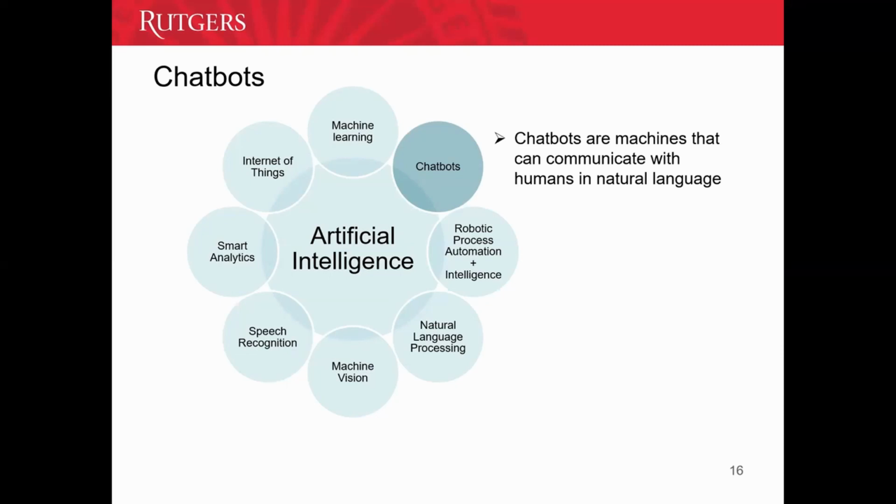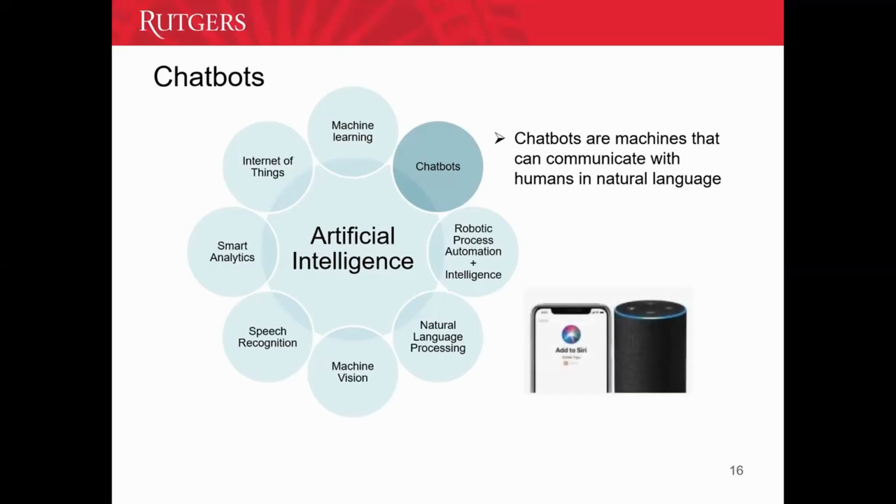It might respond using very informal language, right? So think about Alexa and Siri. These are very sophisticated AI chatbots that can engage with you in natural language and make you feel as though sometimes you're talking to a human being.